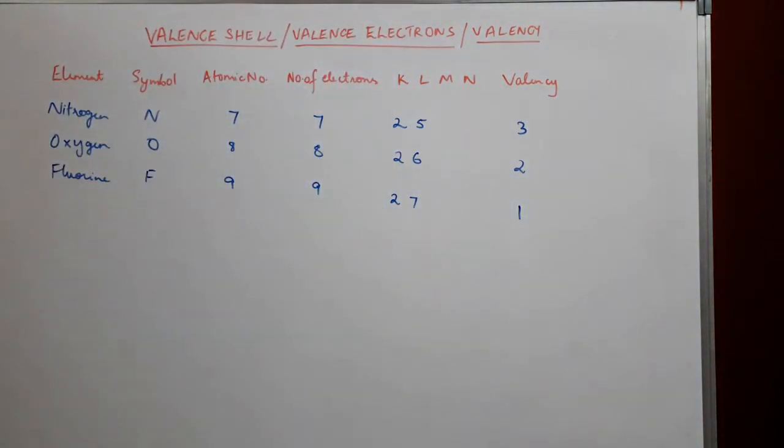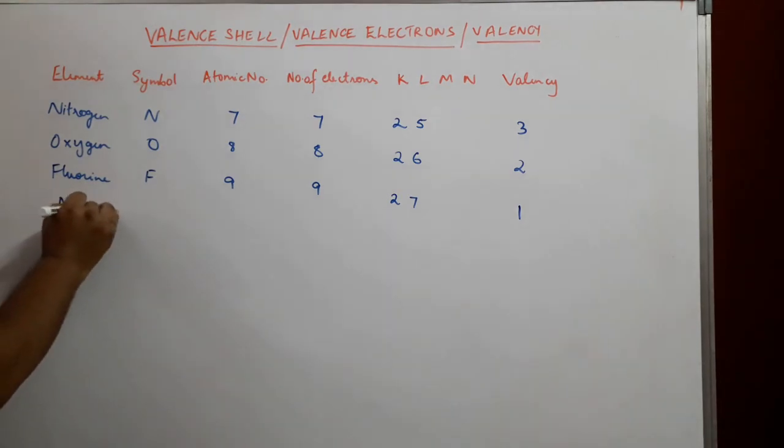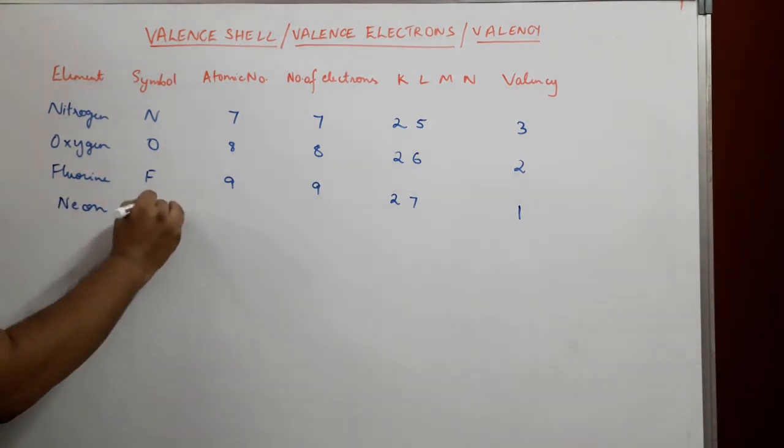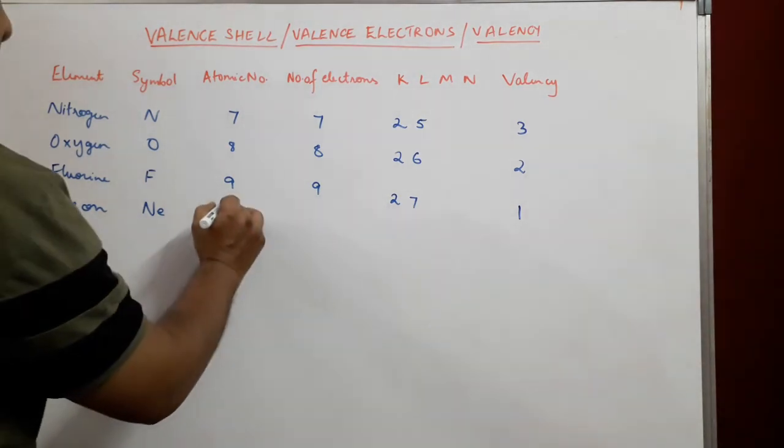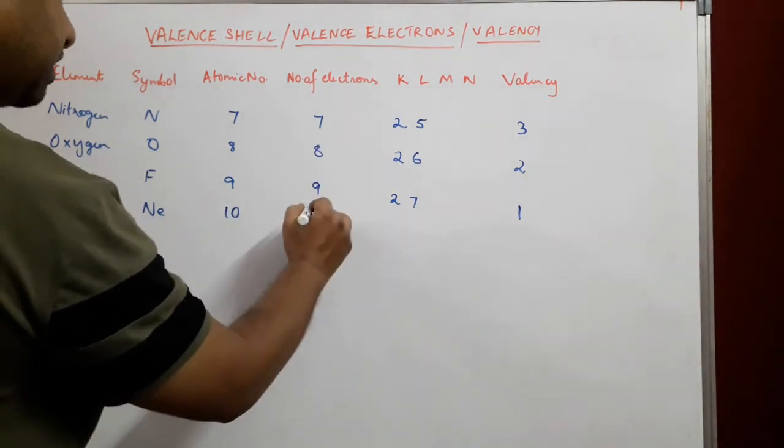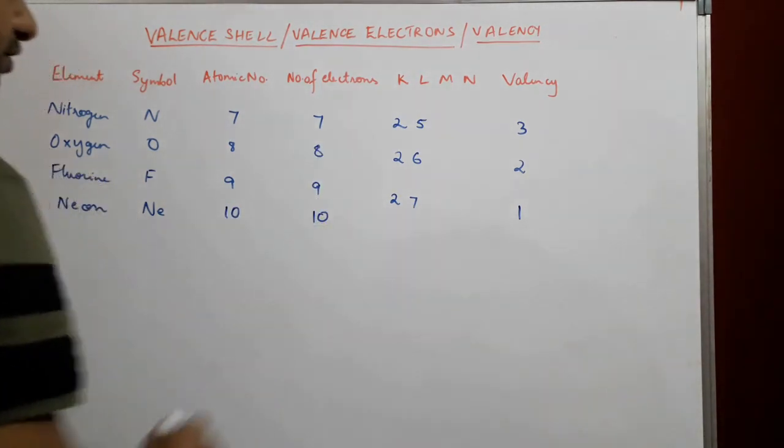After fluorine at number 10 comes neon. Ne is the symbol of neon. Atomic number is 10 and number of electrons would be 10 also.